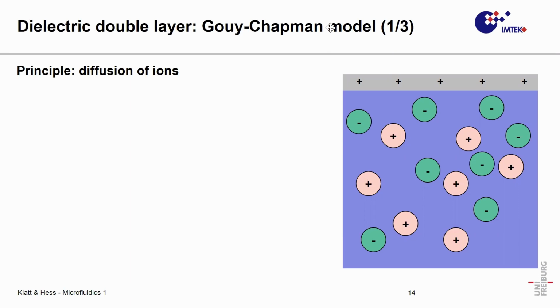But if you're at room temperature or even higher temperatures, the thermal motion becomes important. And this is what is considered in the second model that we discuss today, the Gouy-Chapman model. It also considers the diffusion of ions within your liquid.